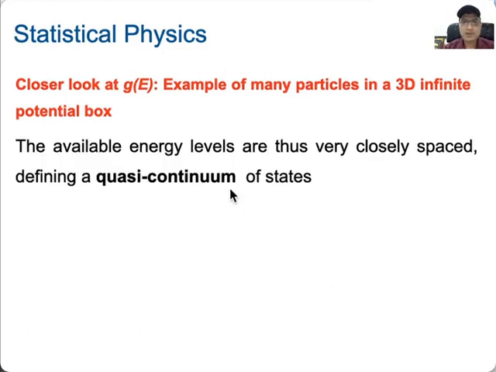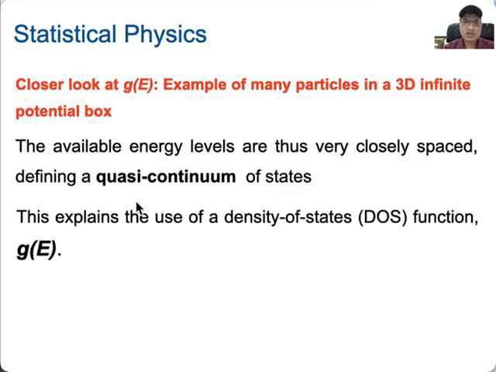So the available energy levels are very closely spaced, and therefore we can treat them as a quasi-continuum of states. That's why we need to invoke the notion of density of states g(E) when we are talking about the microscopic world, because within the given energy range the energy spacing is 10 to the power minus 17.